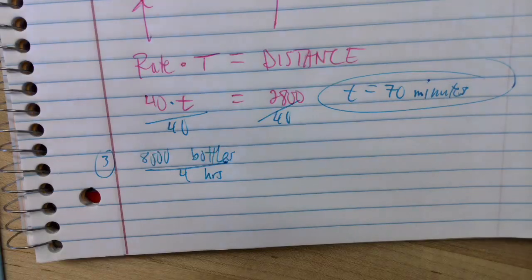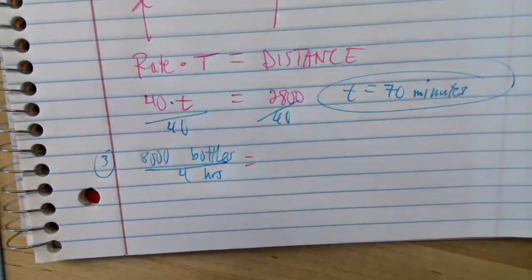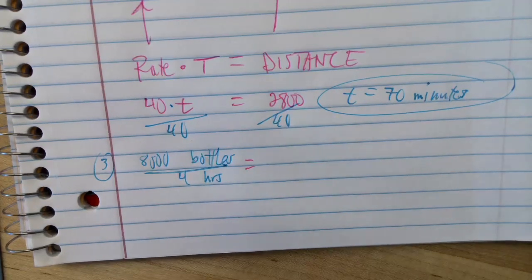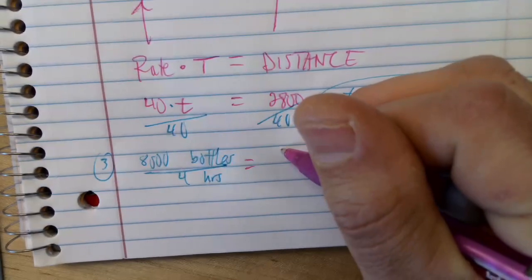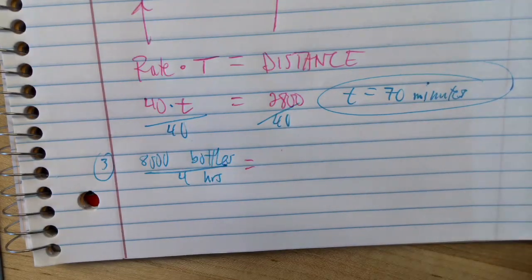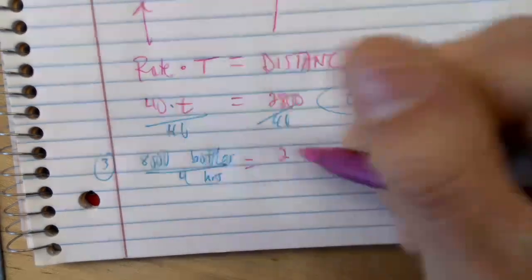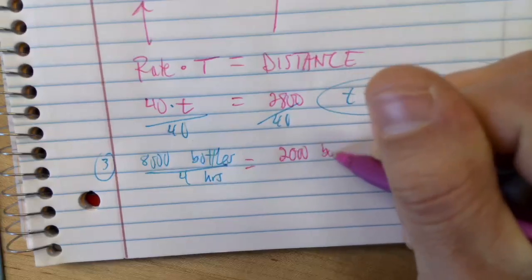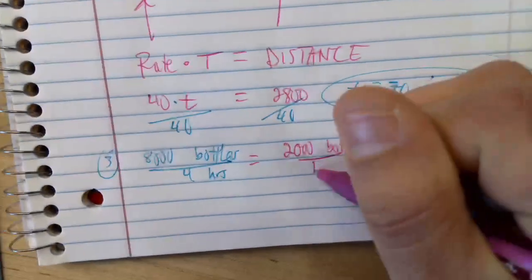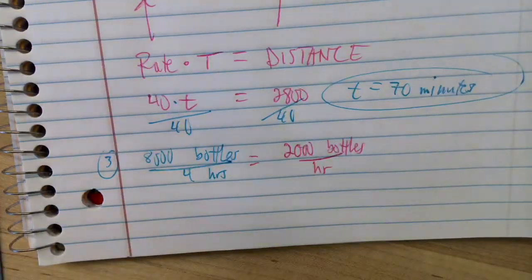How would I make it a unit rate? I want 1 on the bottom. How do I do that, Carter? What's 8,000 divided by 4? What's 8 divided by 4? And then 3 zeros. 2,000 bottles per hour. I want the unit rate, so that's where I get it.